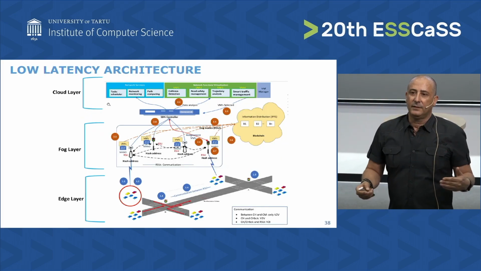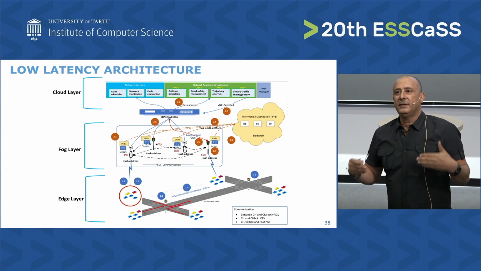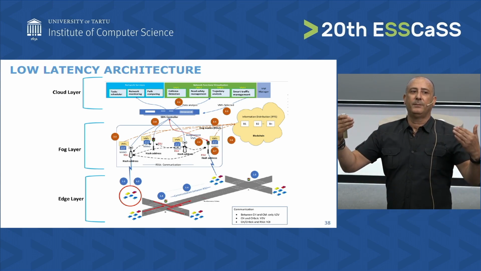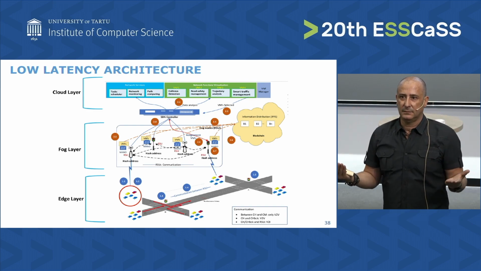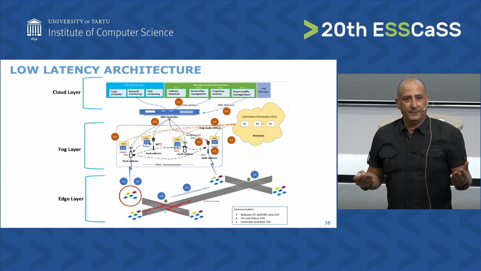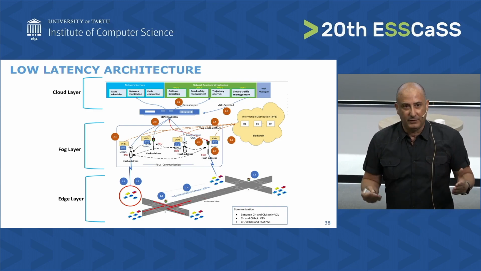In addition to that, the cloud layer is responsible for processing data. But there are two types of data, and it depends on the decision making.